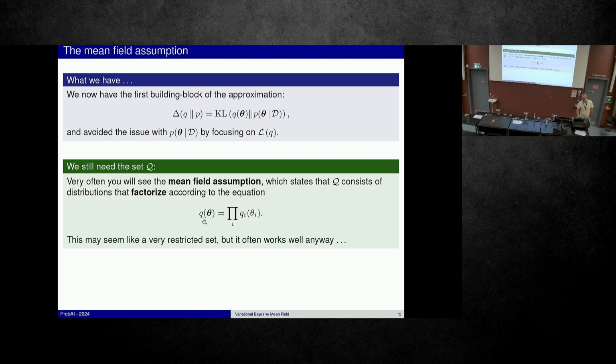In the mean field assumption, I'm just saying I don't care about this correlation structure. I'm going to assume that my Q is defined as a product over marginals. All items are independent; they factorize according to this product. This is, of course, wrong, and this is a problematic thing, but it's quick. So this is what we do.